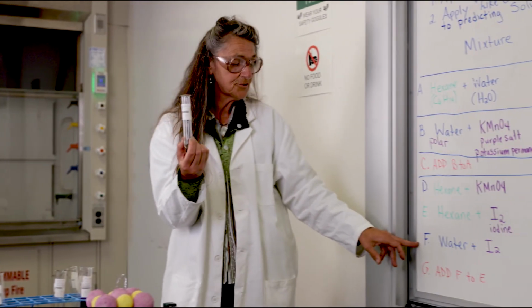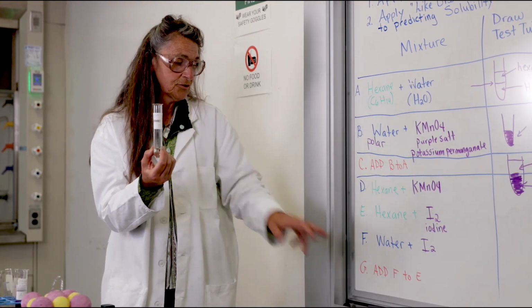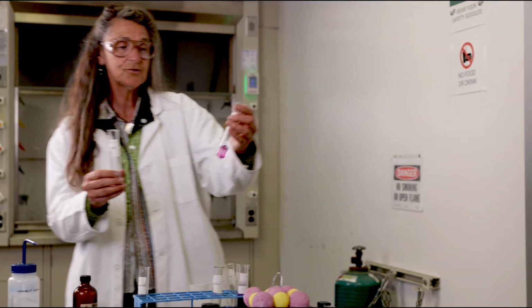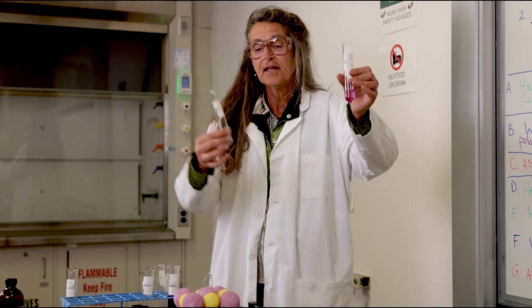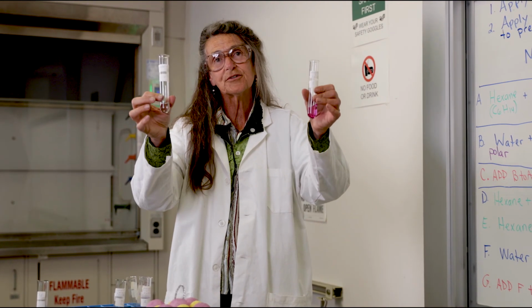The last test tube is I am going to add test tube F to the contents of test tube E. So here's test tube E. Again, test tube E is hexane and iodine, and this is water and iodine. So predict what's going to happen.